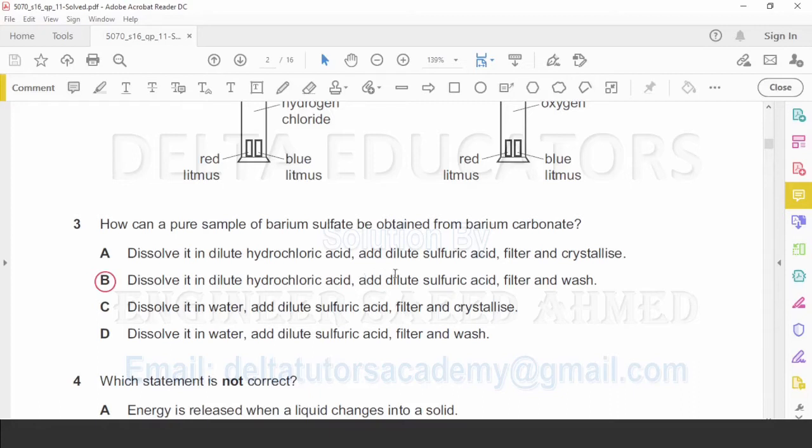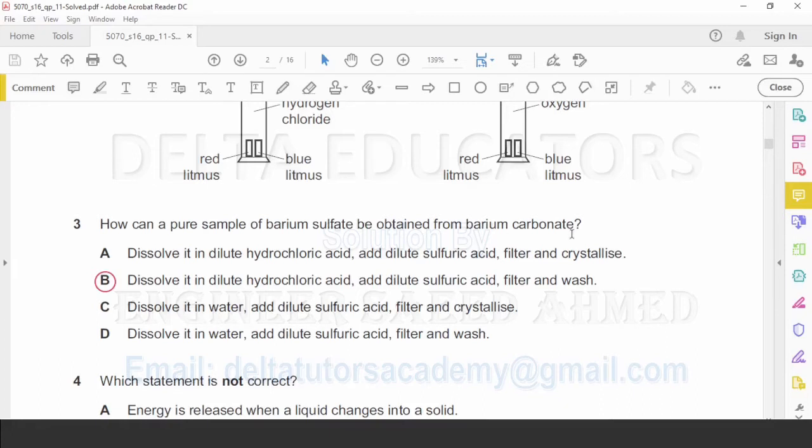Hydrochloric acid is soluble in water, whereas barium sulfate is insoluble. This insoluble barium sulfate we can separate by filtration. We get the barium sulfate as a residue in filtration, and this residue we wash, and after washing we get pure barium sulfate.